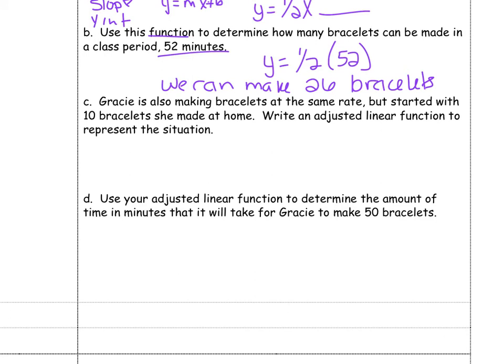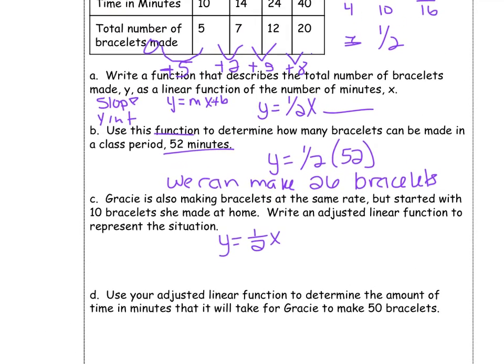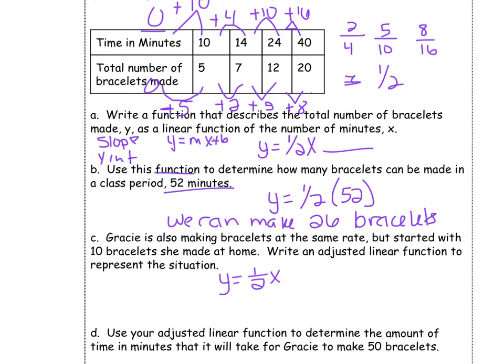Gracie is also making bracelets, but she started with 10 that she made at home. She is making the bracelets at the same rate. So we know that she is making them at y equals 1/2 x. She can make half a bracelet for every minute.